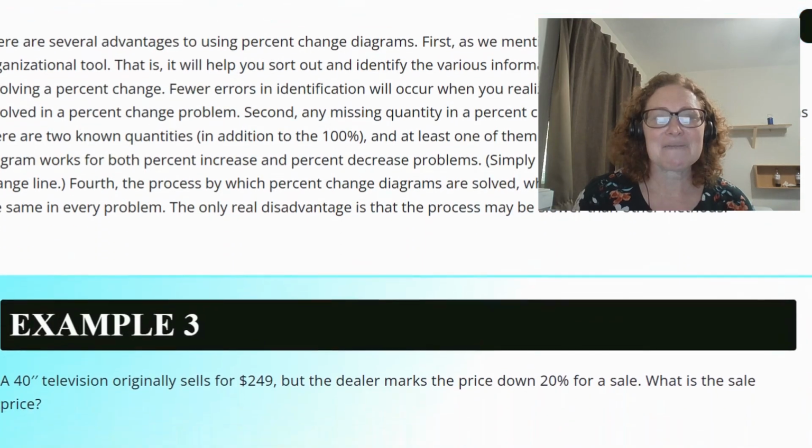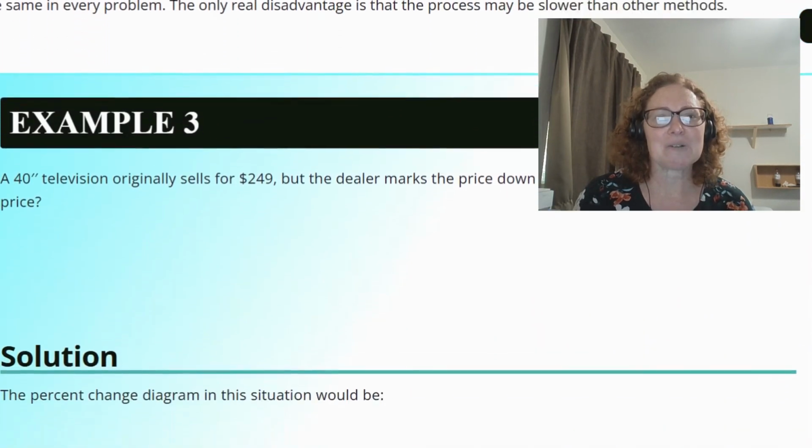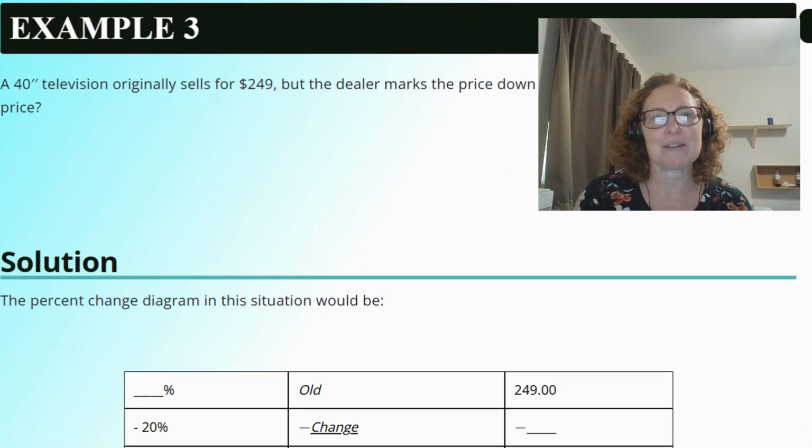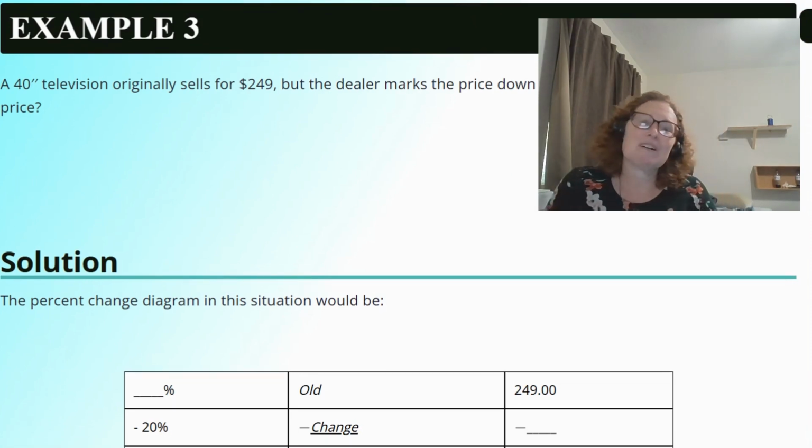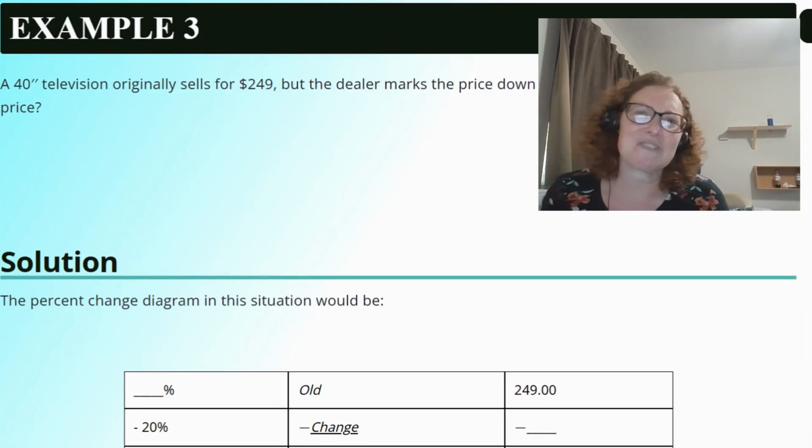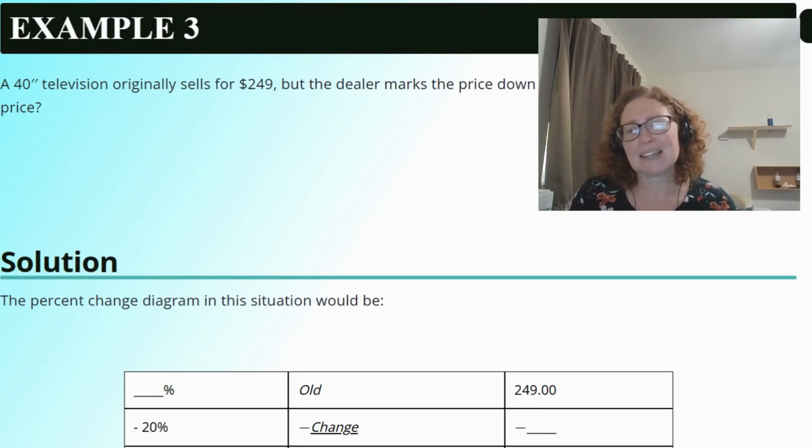And it might take longer, but it does help to set it up. Word problems for a lot of people are kind of difficult to really get. And so I think if you use the diagram, it might make it easier to set up the problem.